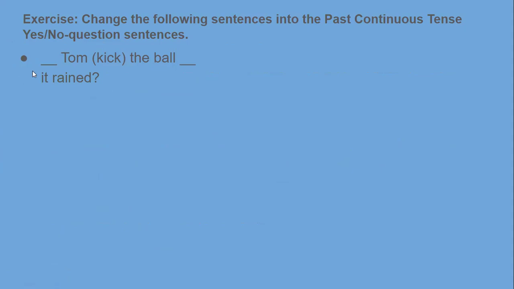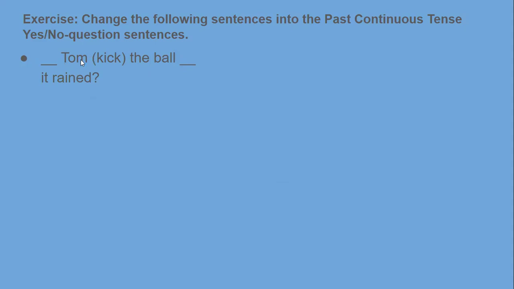The first sentence: gap, Tom kicked the ball, gap, it rained. You can see here the second action is in the simple past. So it means there was an interruption. So we need to connect the two sentences using when. And of course, we need to start with the past verb to be, and that is informed by the subject.